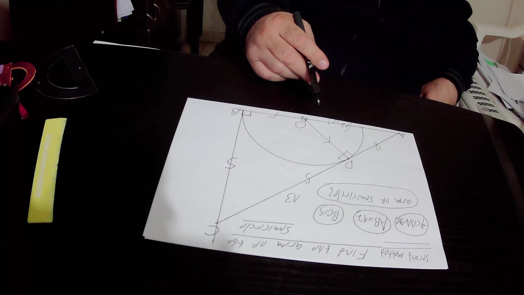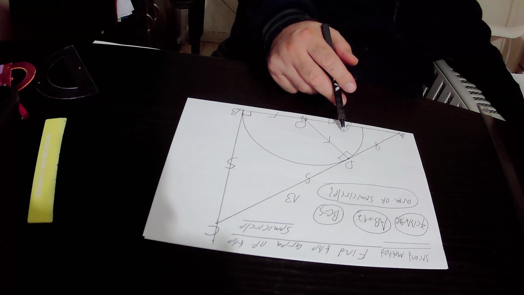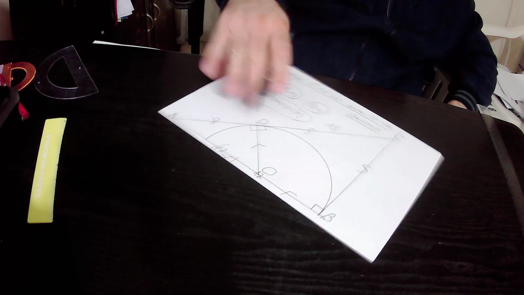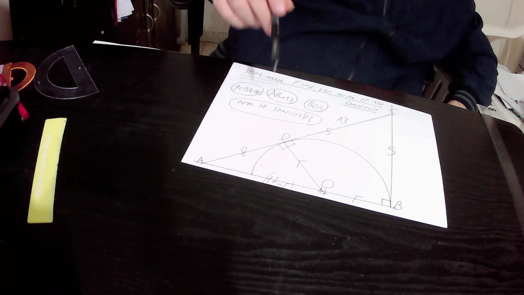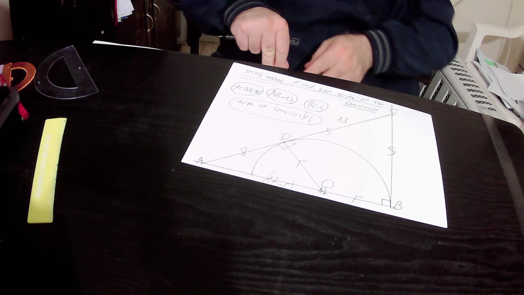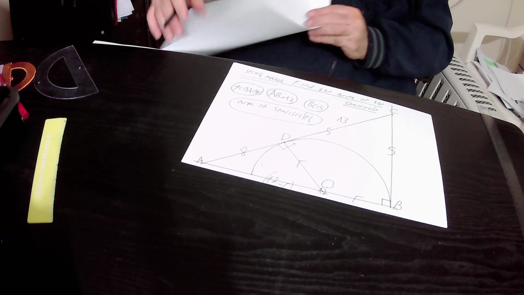So if we focus on the right triangle ADO, according to the Pythagoras theorem, the square of the hypotenuse equals the sum of the squares of the perpendiculars.